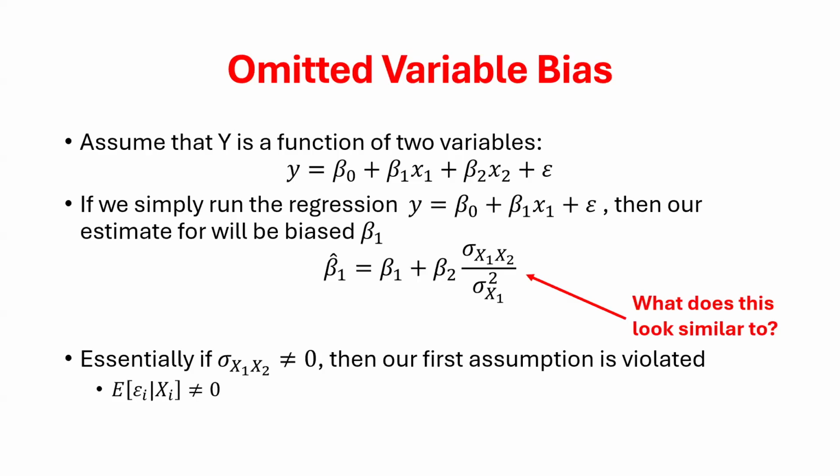Now, part of that bias was the correlation between the variable we included and the variable that we omitted. How would I get this? Well, what's the only difference between these? I've got x1 instead of y is x2.